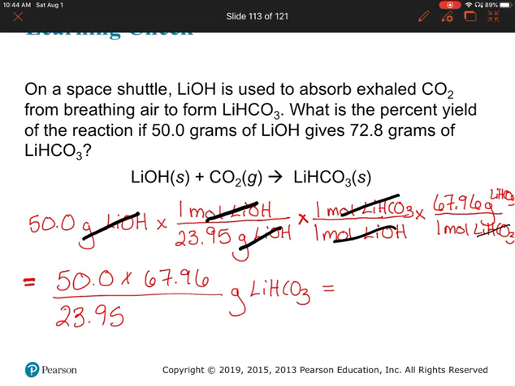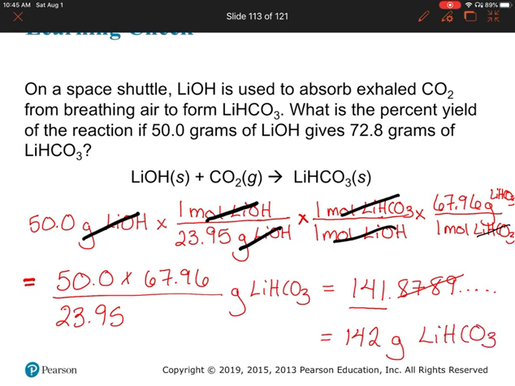All right, so I get an answer of 141.8789, etc. And how many sig figs should our answer have? 3, right? So we have our first 3 digits there. So the first digit we're dropping is an 8, so we'll round up to 142. Okay. So this is our theoretical yield.